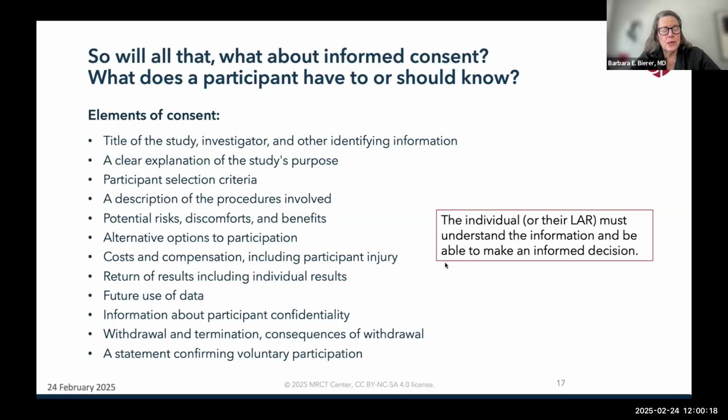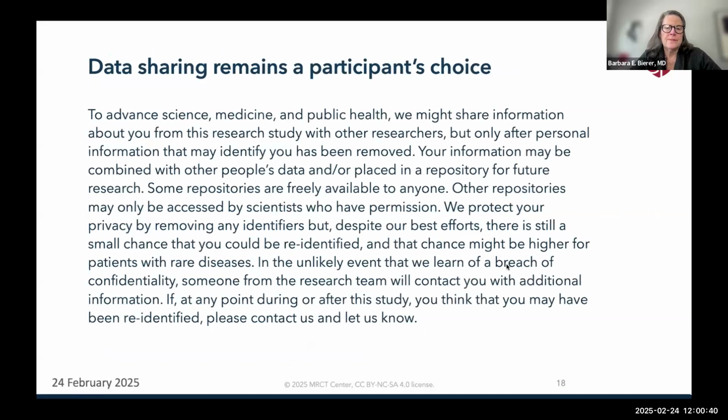And certainly, we can talk about this in terms of how you think about it in interventional research and whether it should be a requirement or whether it's ethical to require future use of the data in a therapeutic trial, but that's another story. We worked hard to find language that we thought was generally acceptable and that wasn't too long.